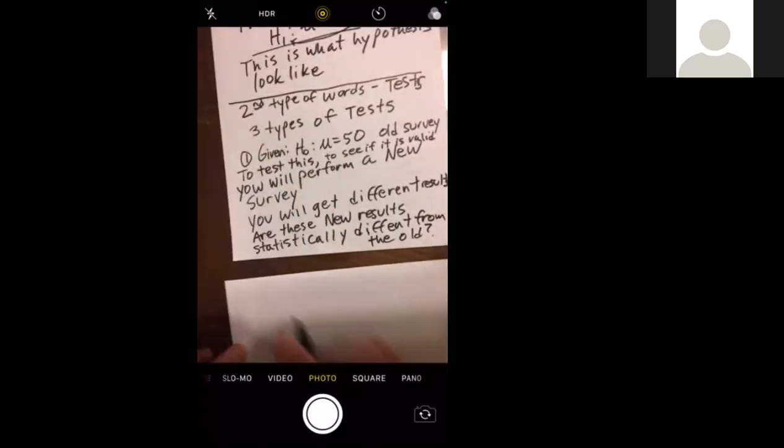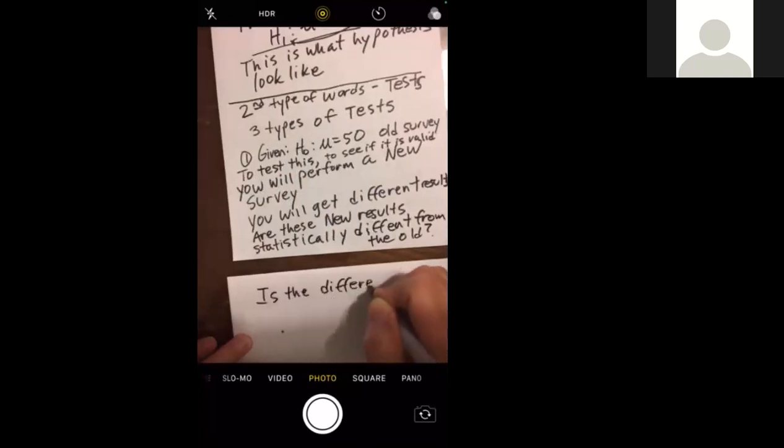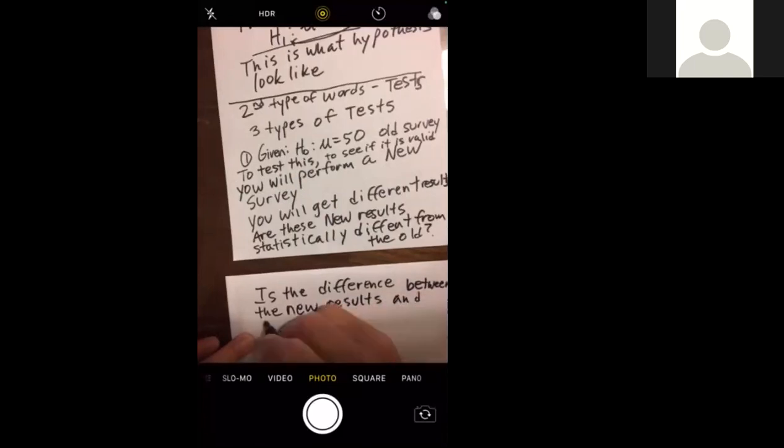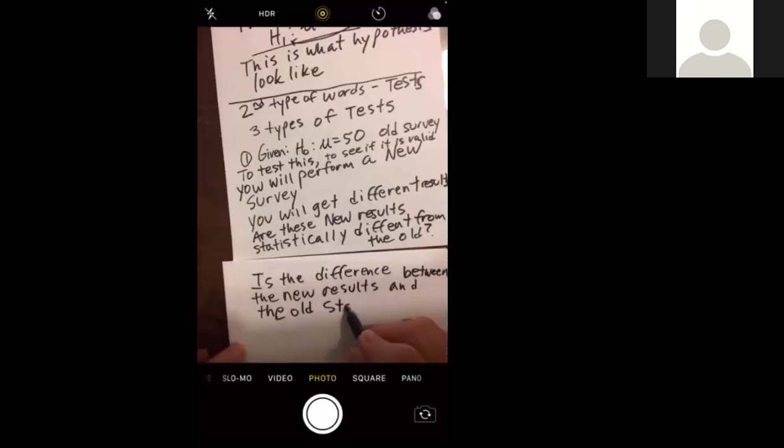Are these new results, is the difference between the new results and the old statistically significant?